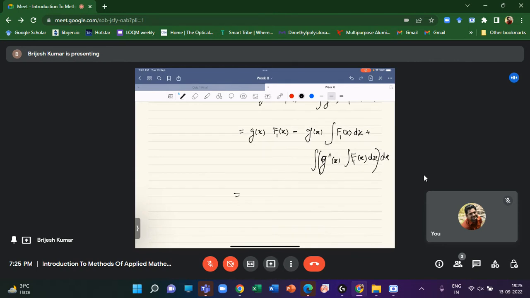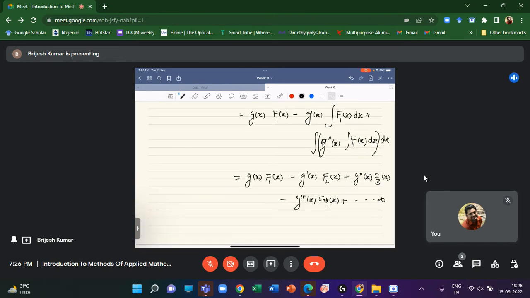So for the successive integral, you will just find g of x f1 of x minus g dash x f2 of x plus g double dash x f3 of x minus g triple dash x, three times differentiation, f4 of x, plus, and so on infinitely, where f2 is the integration of f1, f3 is the integration of f2, and f1 is the integration of f of x, like that.